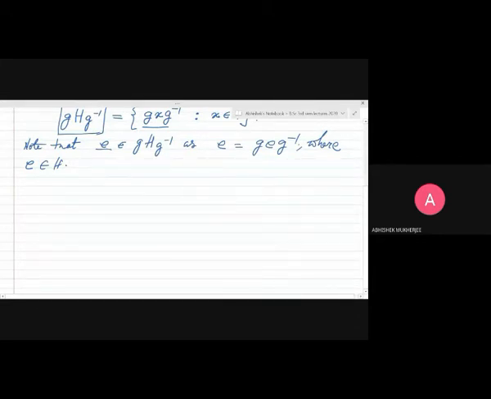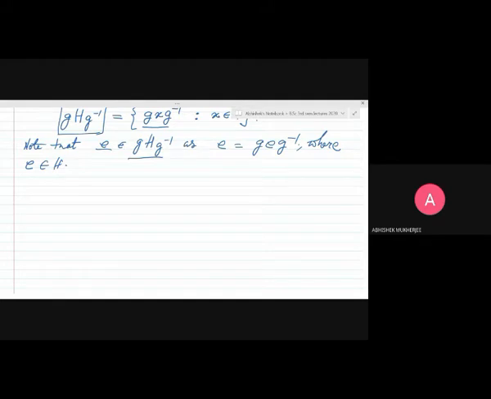So having the identity sitting inside the set G H G inverse, we are tempted to check whether this subset of G will form a subgroup of G, because the identity is sitting inside that subset. For that reason, we are always going to check whether it is a subgroup or not. Okay.